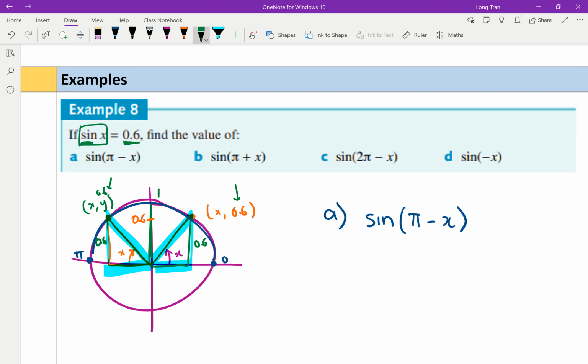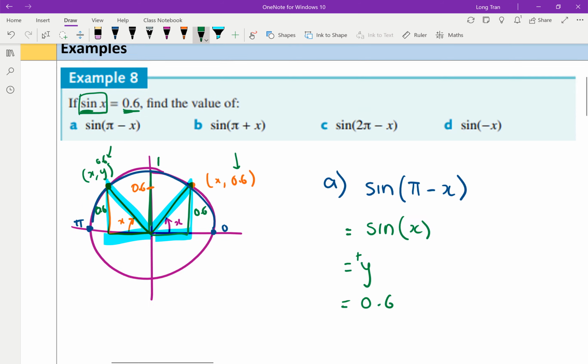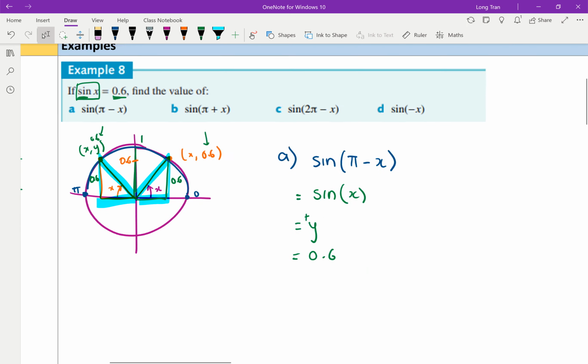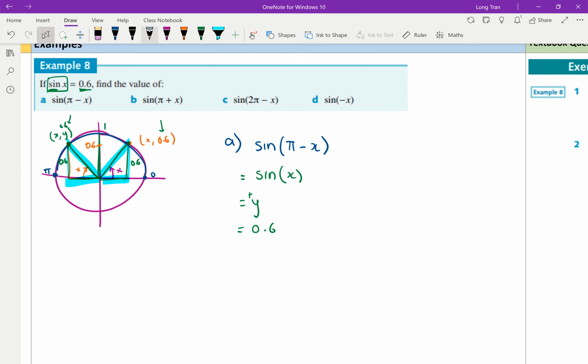So to answer this question, this is the same thing as finding the sine of x, because sine is the y value, and the y value is positive in that region. That's why it's positive 0.6. This is where I want you to practice drawing the unit circle and really getting your head around it. It's not easy the first time.